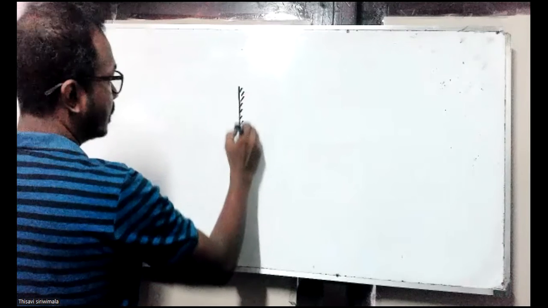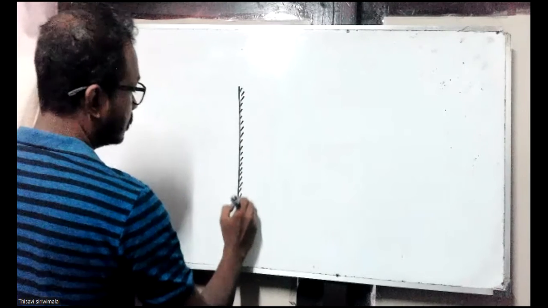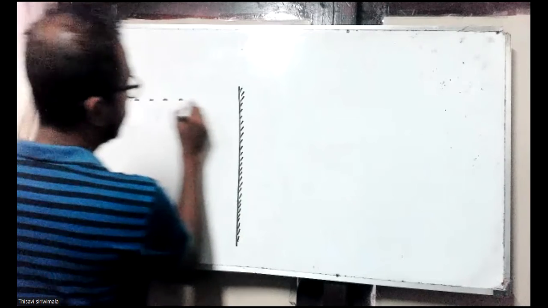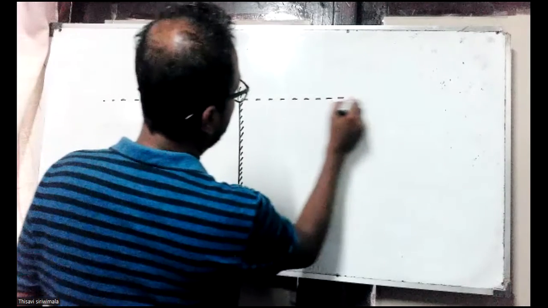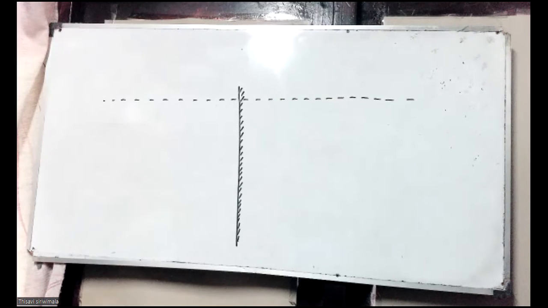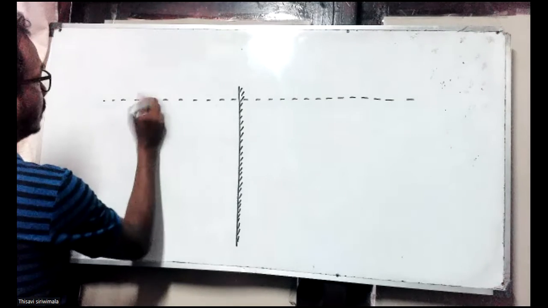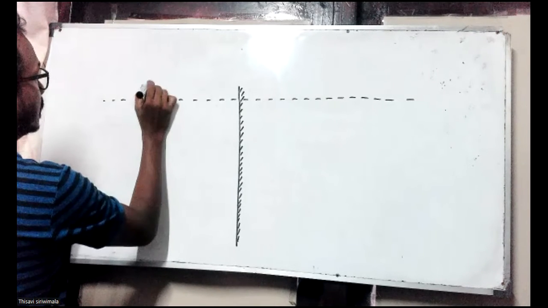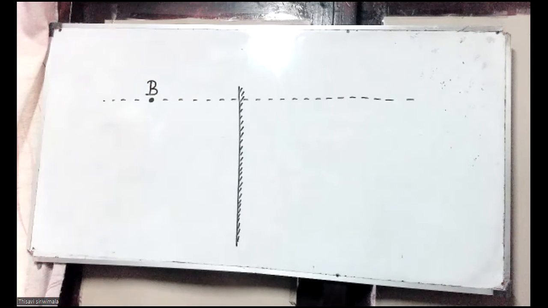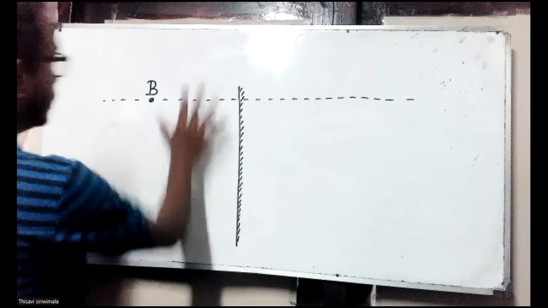So this is my mirror. Then I draw a perpendicular line like that, which is going to help. Then I can mark my image. Imagine it is letter B. Then I measure the distance.